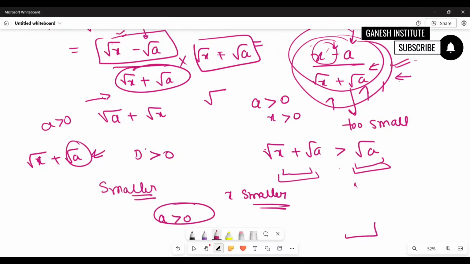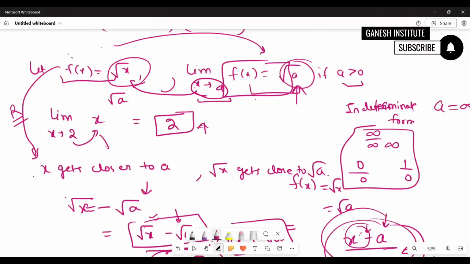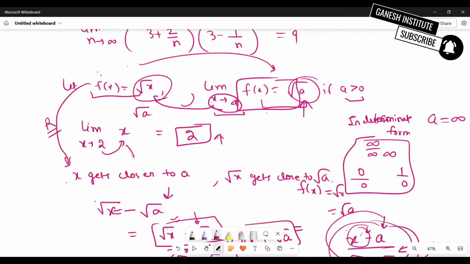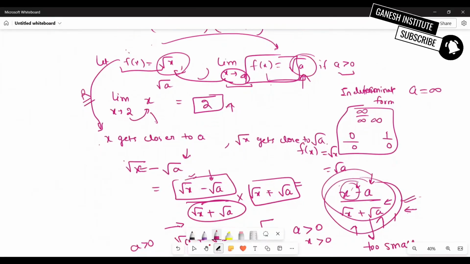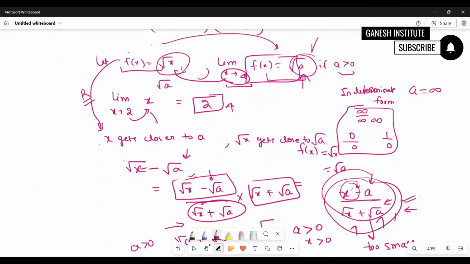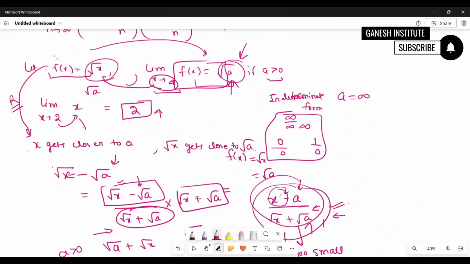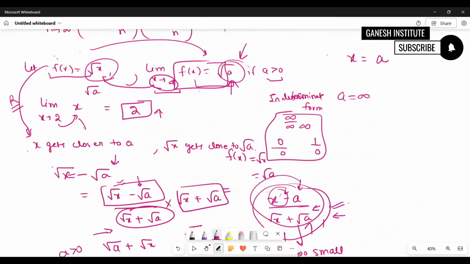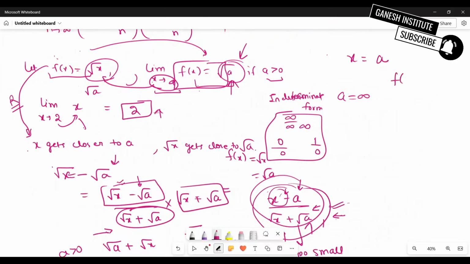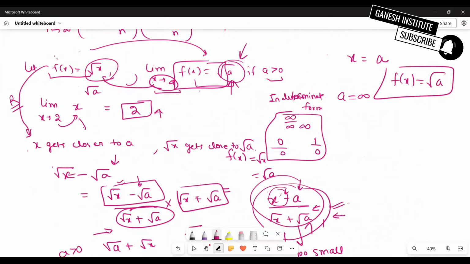So that means x is smaller, a is smaller. So I can say that this is not going to give you an indeterminate form. So this question can simply be done by substituting x as a, and hence the limit of f(x) is root a. Is this fine?